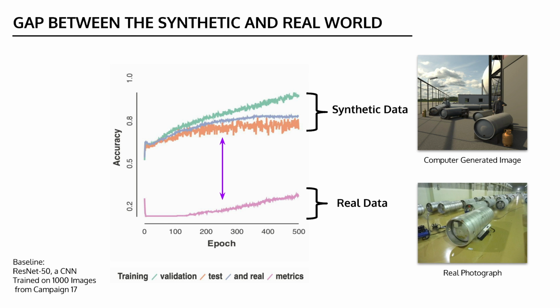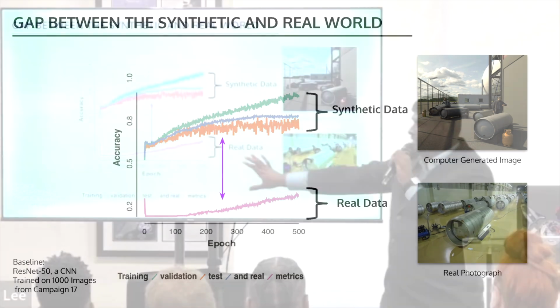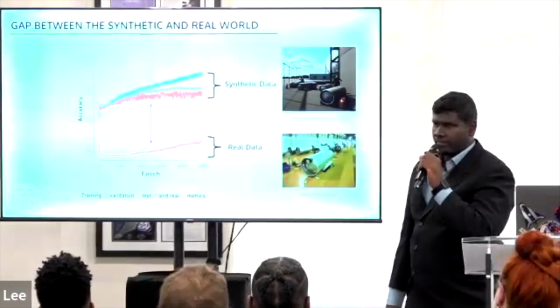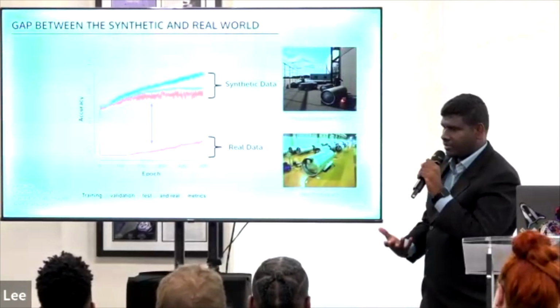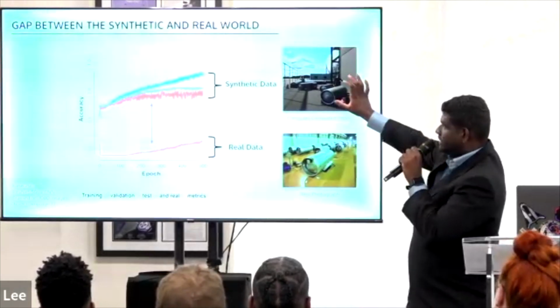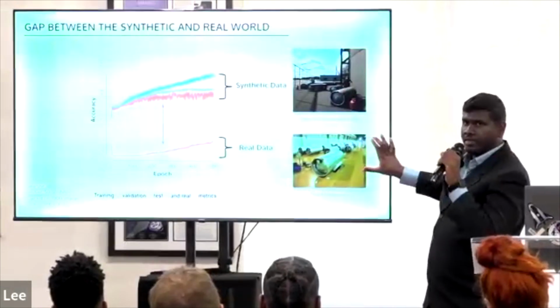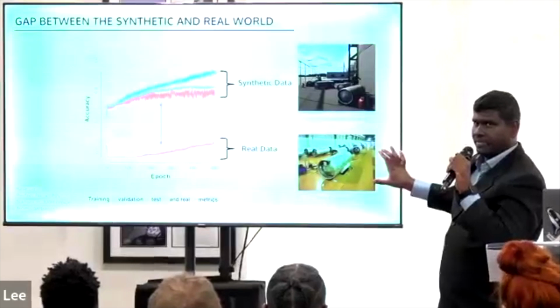When they did that, across the epochs, the accuracy curve was climbing. The moment you introduce real data, the accuracy drops significantly. This is one of the challenges we are trying to address. How can we teach the model what a container looks like when we do not have so many real images?